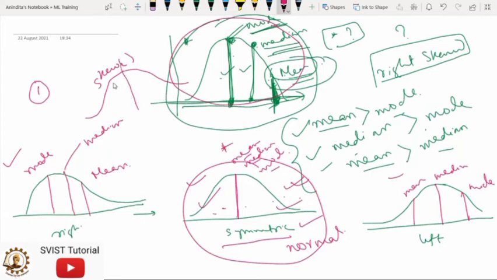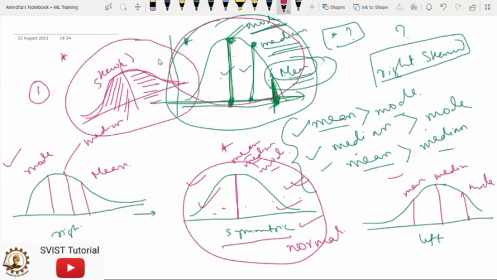Okay, so how many data points are there in the left side of your median and how many data points are there in the right side of your median, so that you could understand how your data points are distributed. This data distribution is one of the very crucial concepts in data analysis, because if your data is distributed properly, meaning a normal distribution, then we can expect that whichever machine learning algorithm we use will give us better accuracy, right?